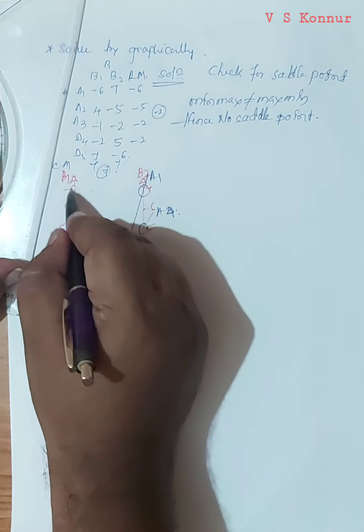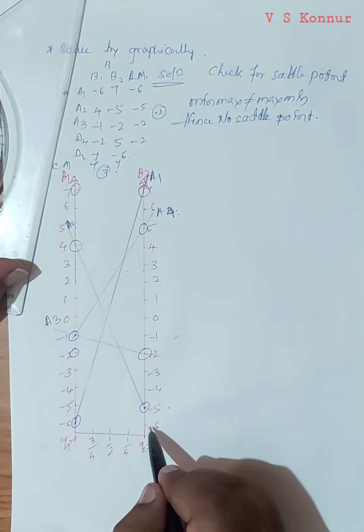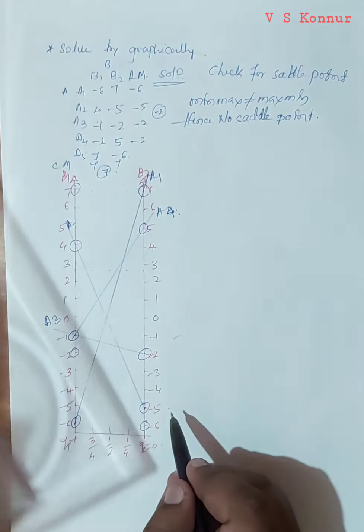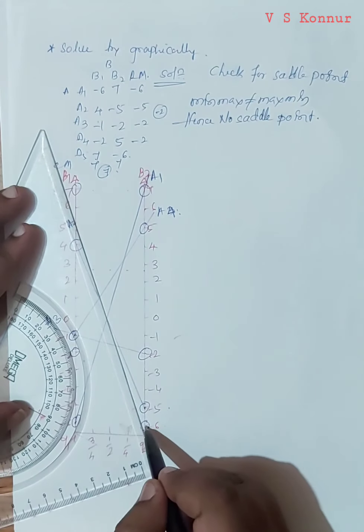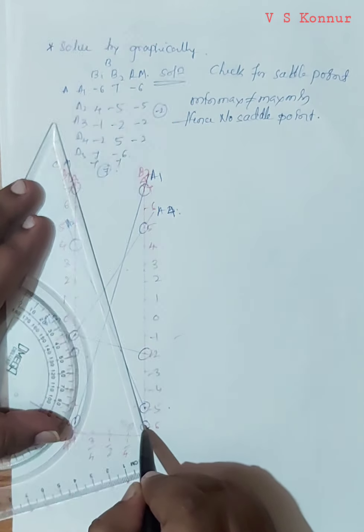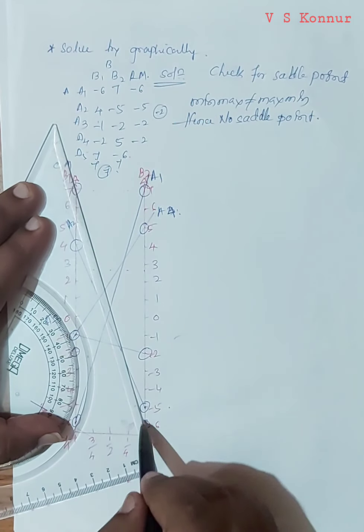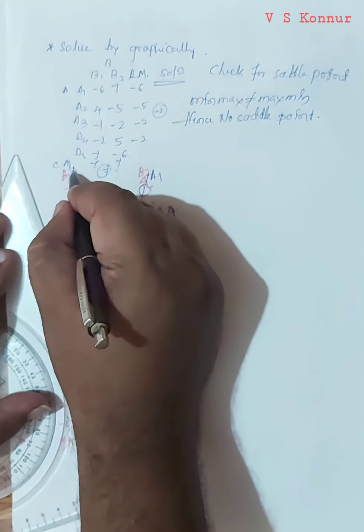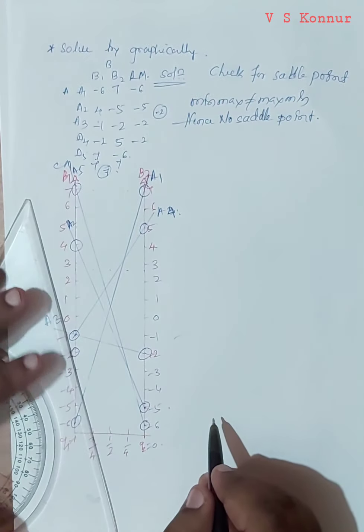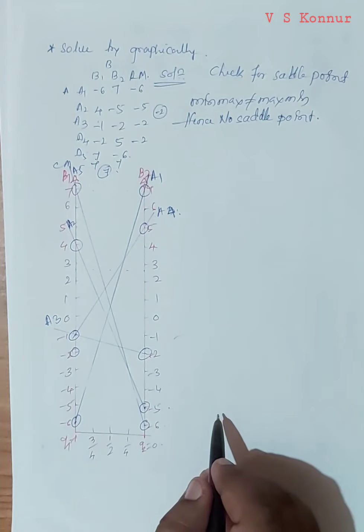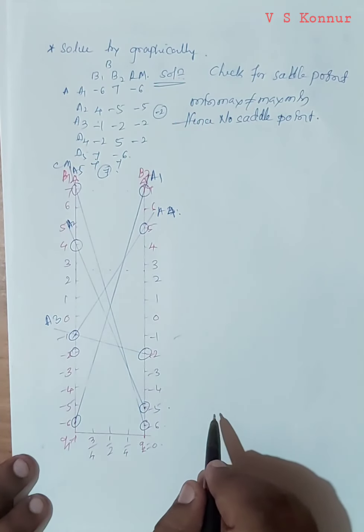7 and minus 6. Again a big line. Call it as A5. So after solving this complete problem, the upper region you have to select.